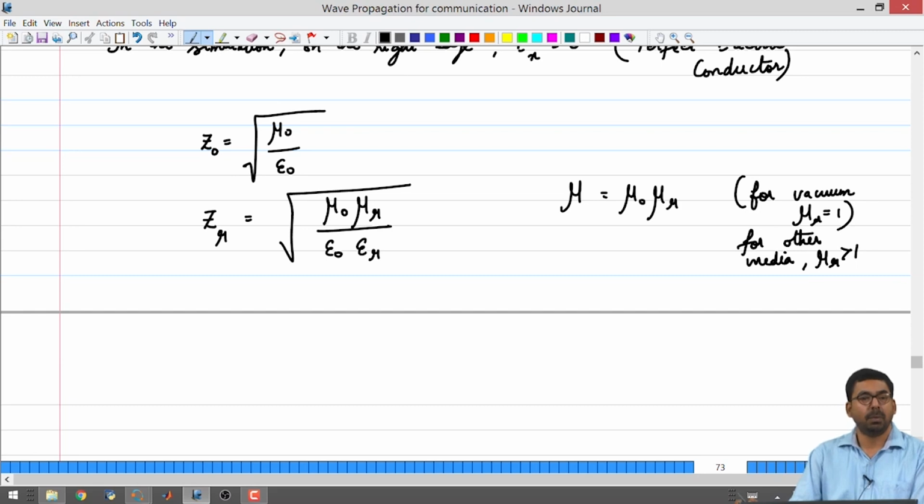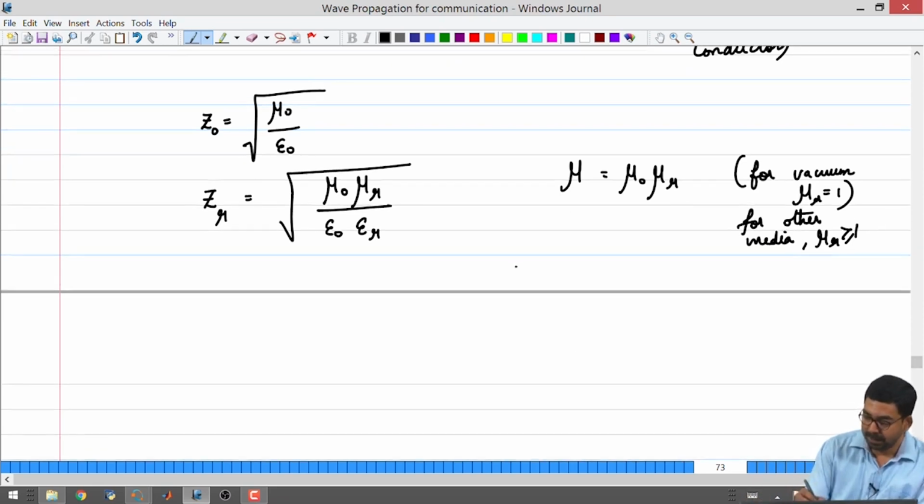Mu r greater than 1 is not a criterion written in stone, but all you can have is 1 or higher, so I can make this a little more accurate and say greater than or equal to 1. Usually the mu r tells you whether a material is magnetic or not.